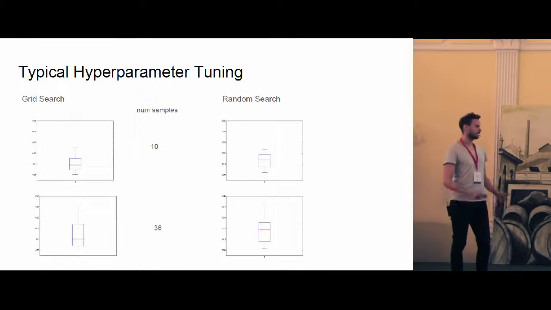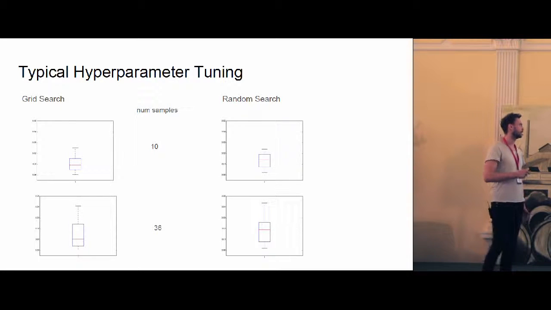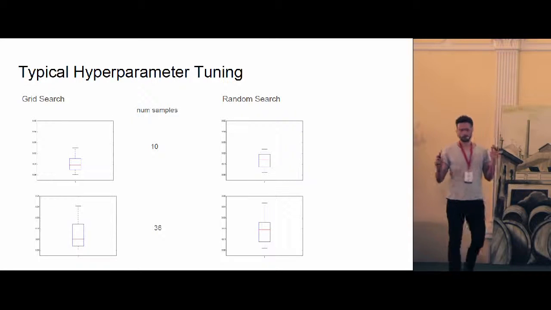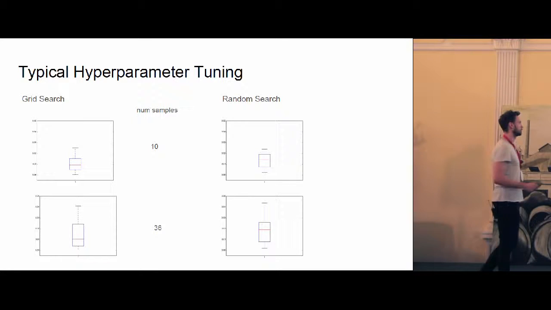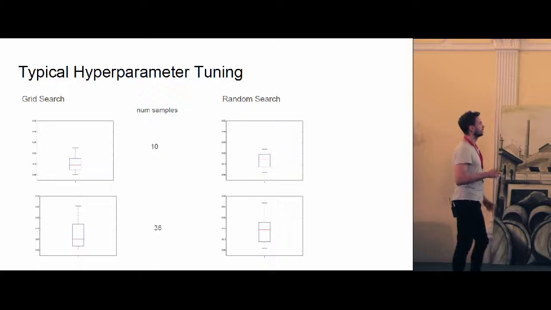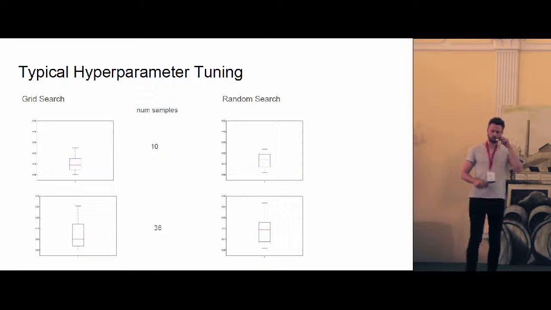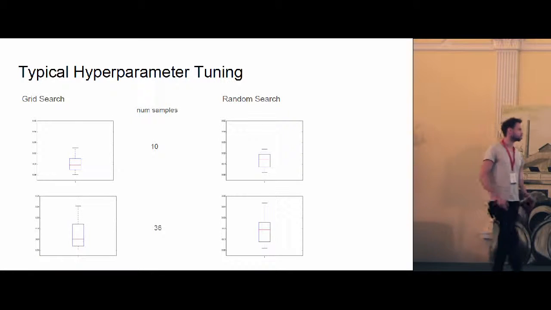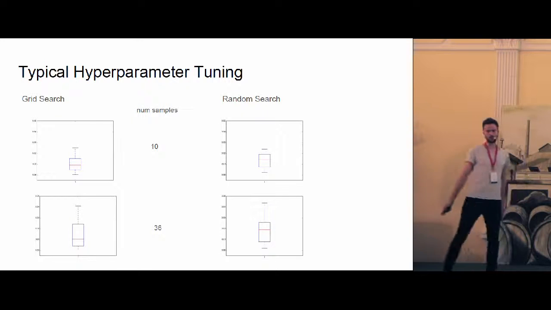For example, in this case, when you take 10 samples, this plot shows the distribution of the metric for the parameters you've chosen. You see that after 10 samples, random search has already collected on average better parameters than grid search, and at the end you were even able to find a slightly better sample than with grid search.